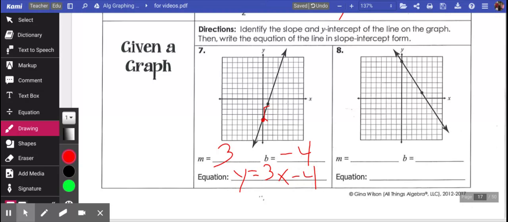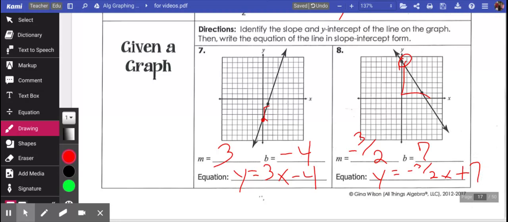Okay, and the next one, when you make your right triangle and count, you're going down and to the right. So it's negative, and it ends up being, if you pause it and count and reduce it, -3/2. The y-intercept here is 7. So it's y equals -3/2 x plus 7.